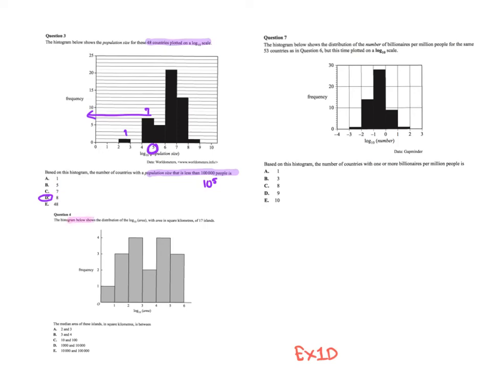The histogram below shows the distribution of log of the area in square kilometres of 17 islands. The median area of these islands is in between. First, where will the median occur if there are 17 islands? You can do 17 plus 1 divided by 2. The halfway mark would be the 9th spot.